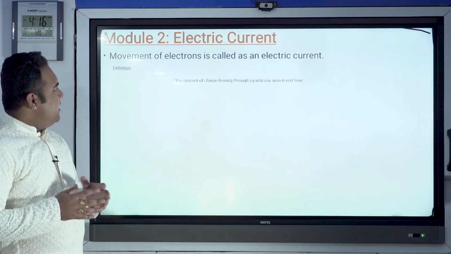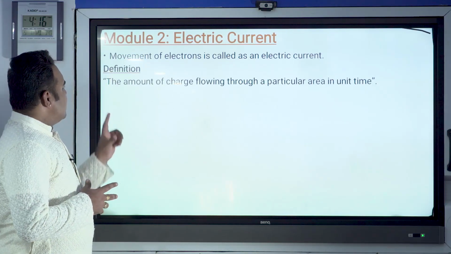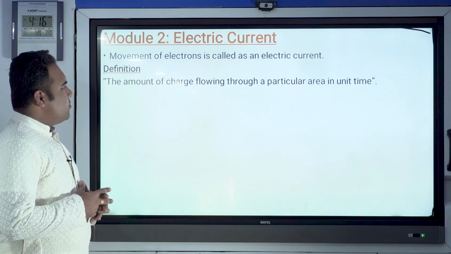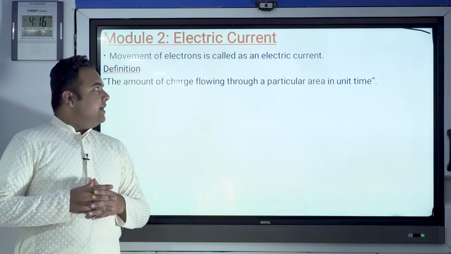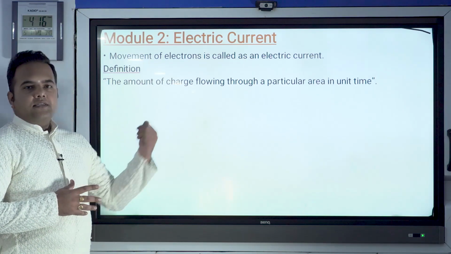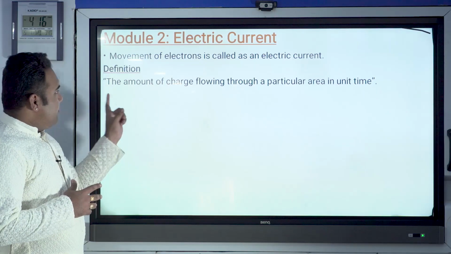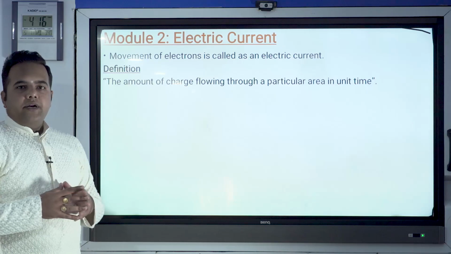Mathematically, we can define this as the amount of charge flowing through a particular area in unit time. When we define this physical parameter of electric current, this is how we define it: the amount of charge flowing through a particular area in unit time.